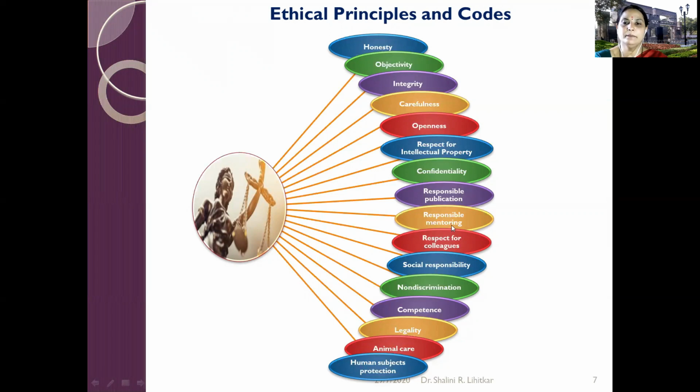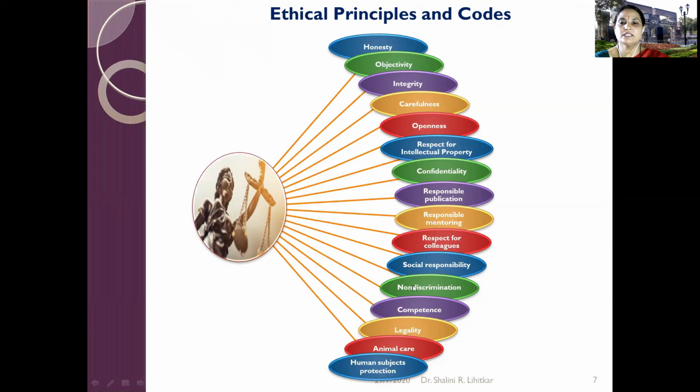Then responsible mentoring. We should also help to educate, mentor, and advise students on how to publish a paper and how to present the data. We should also have respect for colleagues, and whatever social responsibility we have, we have to strive to promote the social good and prevent social harms through the research.